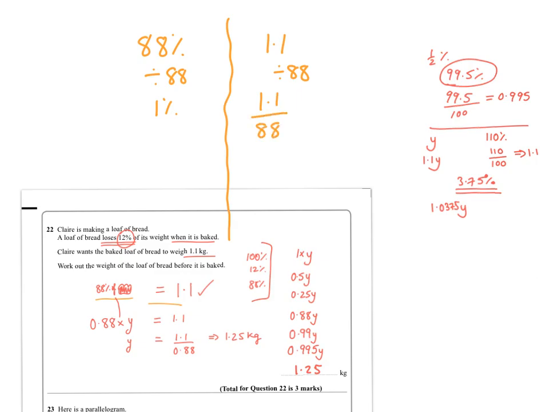And I'll do that quickly. That'll be 1.1 divided by 88. And that will be 0.0125, and then once you've got the 1%, you can always just times both sides by 100, and then your 100% is going to be 100 times this value here, which will give you 1.25.